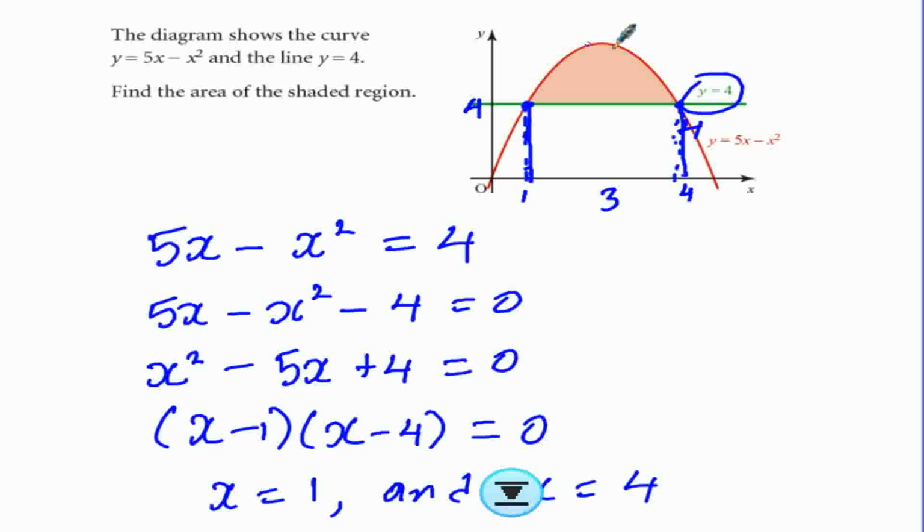So our question is telling us to find the area of the shaded part. You can see that we found the area under the curve, which takes this whole part, and the area under the line within the given limits takes this part. So to find the area between the curve and the line, that is the shaded part, we subtract the area under the line from the area under the curve.